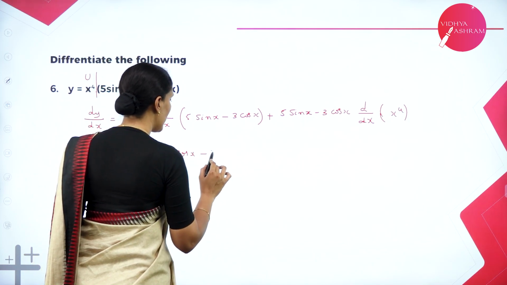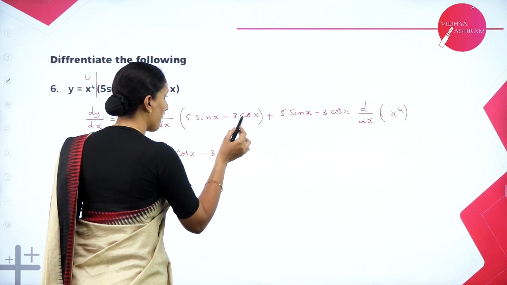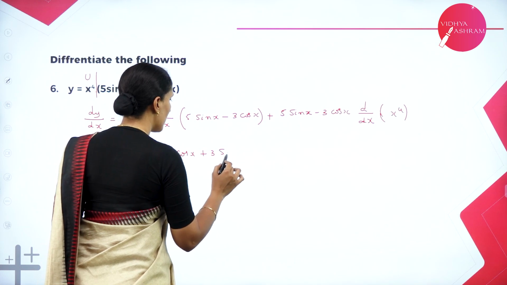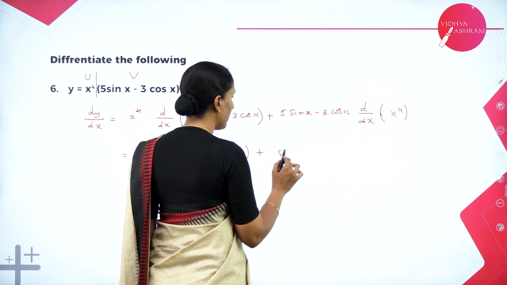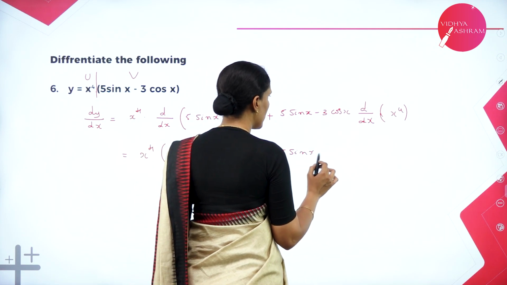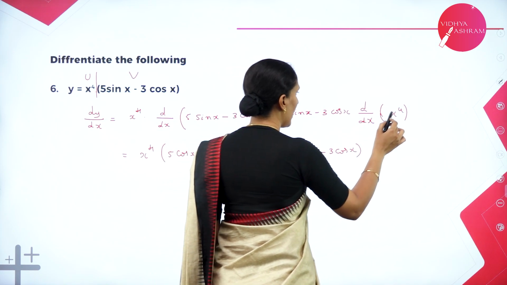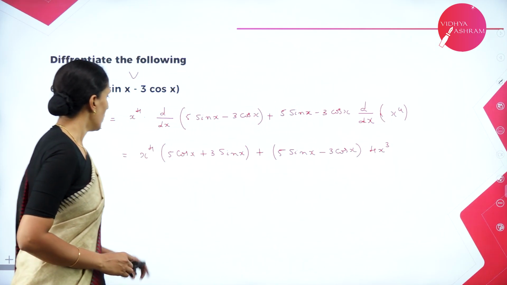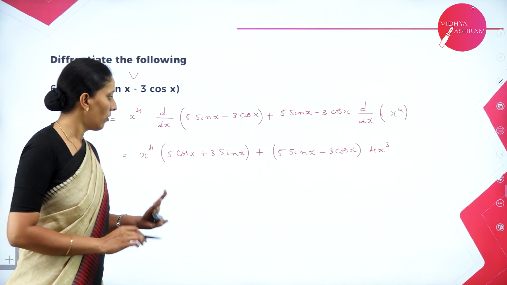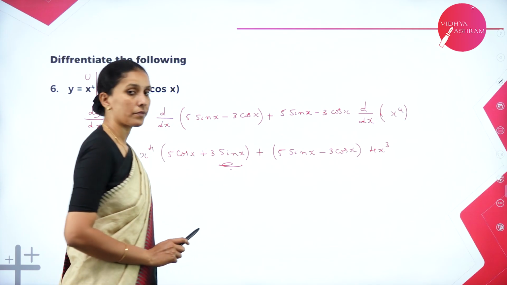Next, keep minus 3 as it is, derivative of cos x is minus sin x, so it becomes plus sin x. Plus 5 sin x minus 3 cos x into x power 4 becomes 4x cube. You can also multiply or you can keep it as it is. So, this is the required derivative.